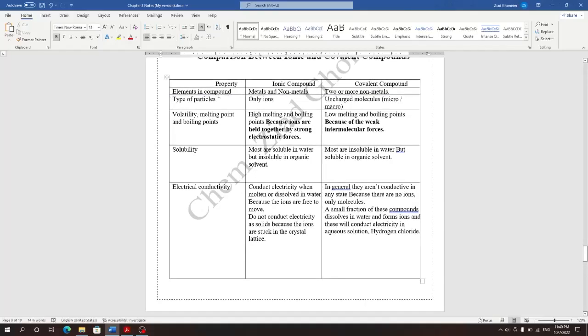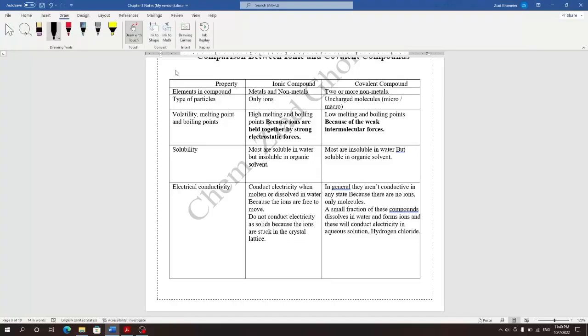Elements in the compound. For ionic compounds we have metals and non-metals. These are the elements in the compound. For example, NaCl, right? That's a metal and a non-metal. Okay, so these are the elements. In covalent compounds now we have two or more non-metals.